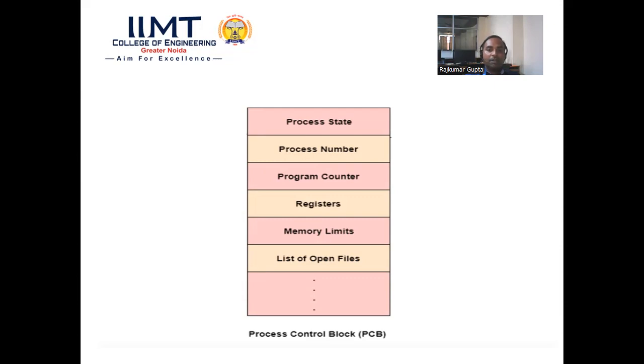Next is memory limit. Memory limit means the memory management technique. It will be able to keep the record of accounting, storing information, and so on. And list of open files. So this is the process control block. Mean to say how the process is being executed. It is represented with the help of block diagram.